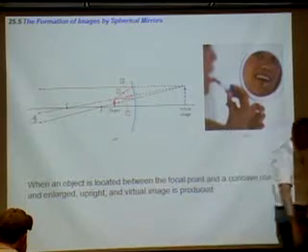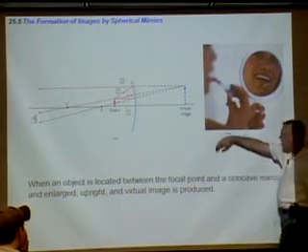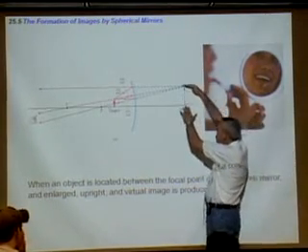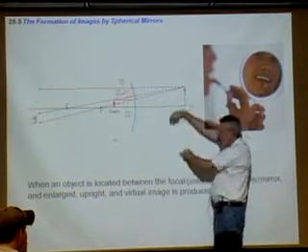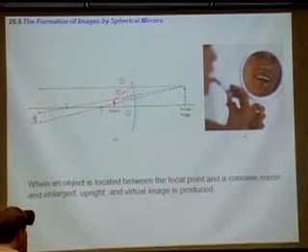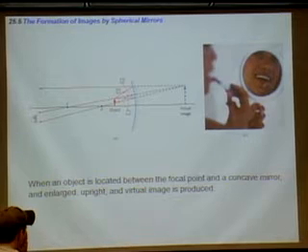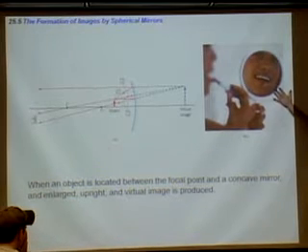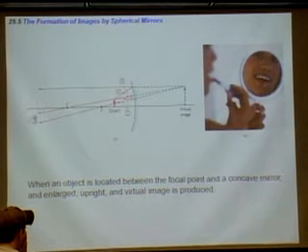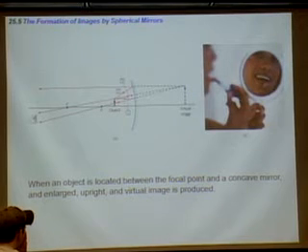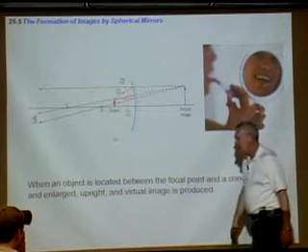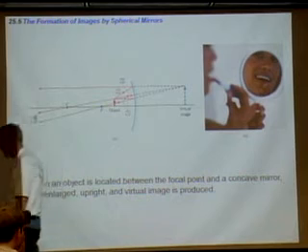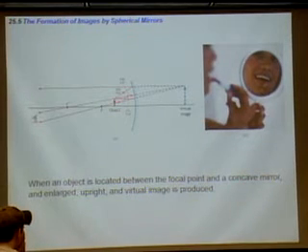And when the object is between the focal length and the mirror, that blows it up bigger on the back side of the mirror. So the makeup mirror is magnifying her. And it's a virtual image, but it's upright.